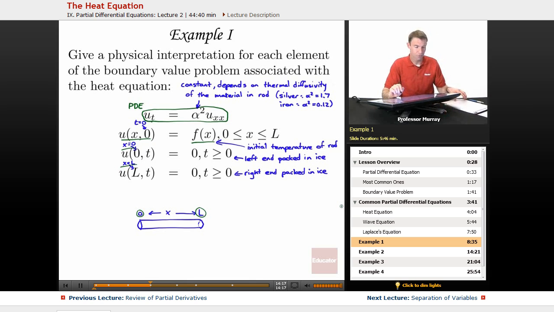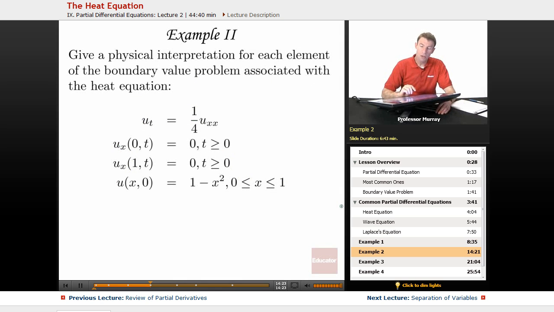So let's look at a different kind of boundary value problem, still a heat equation. In example 2, we're still looking at a heat equation, but we've been given slightly different conditions here, so let's see how to give a physical interpretation for each element of this boundary value problem. So we have u sub t is equal to 1/4 u sub xx.